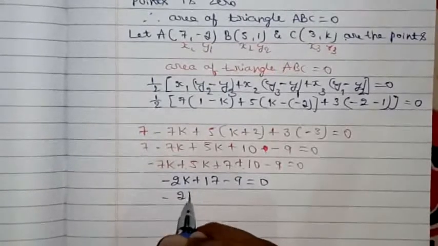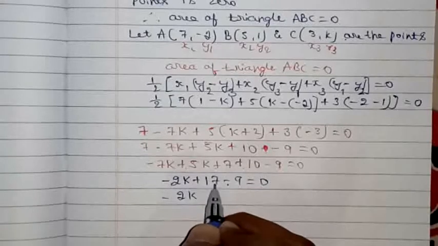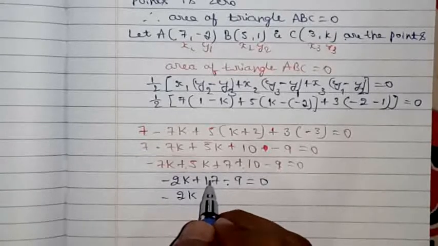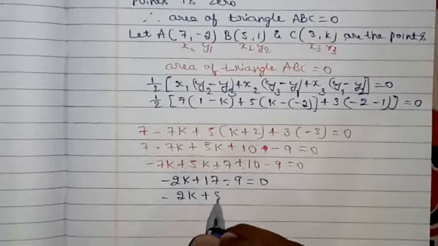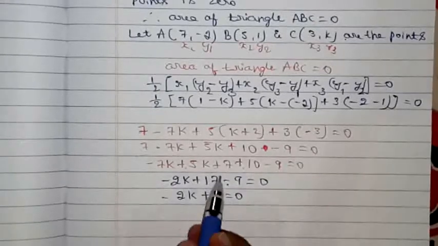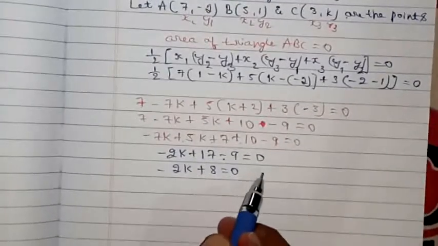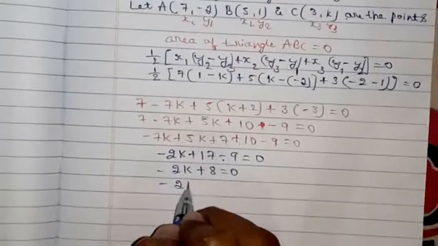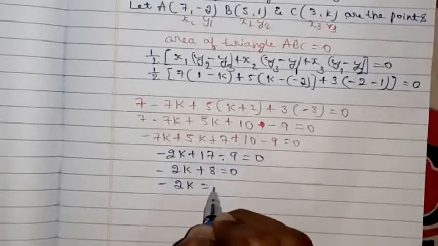Now minus 2k here, plus and minus is minus, now subtract it. So 17 minus 9 is 8, plus 8 is equal to 0 because of the sign of the biggest number. Now send the plus 8 to the right hand side. So minus 2k will be there as well, is equal to plus 8 will become minus 8.